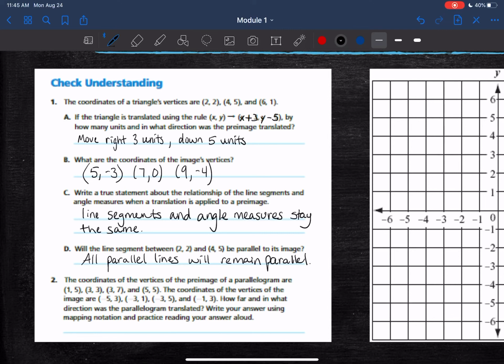All right, so we're going to write this using mapping notation. So x, is it going to be plus or minus? And then the same thing for y. Is it going to be plus or minus, and how many units? So go ahead and try and do that. And then once you're done, we will work on the assignment on Go Formative.